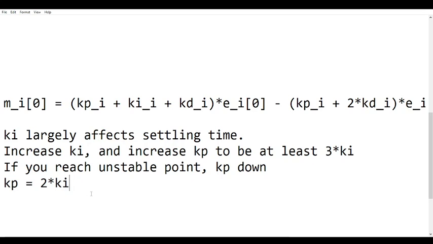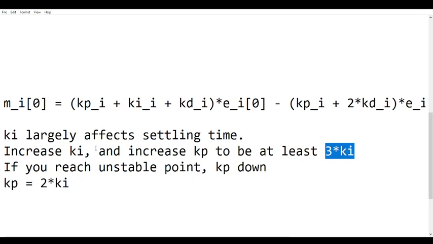Your disturbance response will be not great, but at this point it will be much better than this, right? Because more KI is better for the system to a certain degree. You have to understand that both of them could make your system unstable.